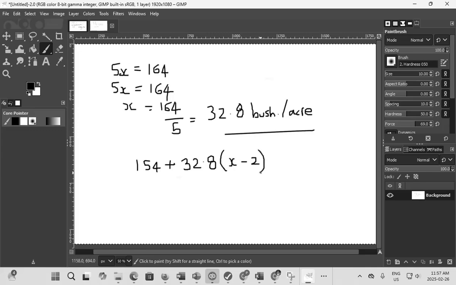Why? Because after 2 years your yield was 154. Considering that this is a base, you need to subtract the 2 years from the total number of years. This will be your y, your total yield in bushels per acre.